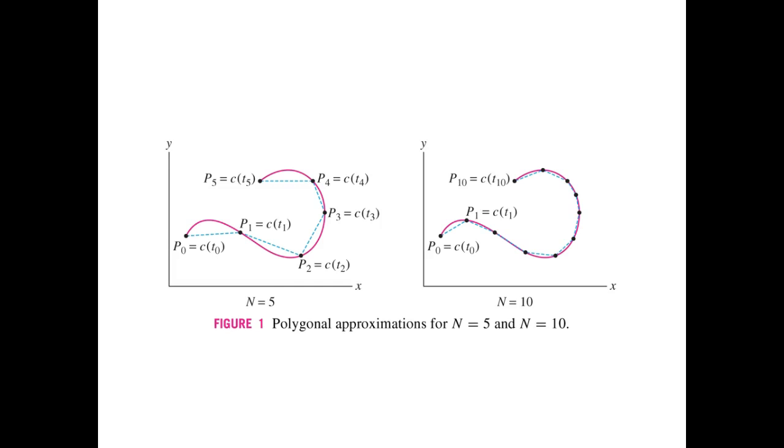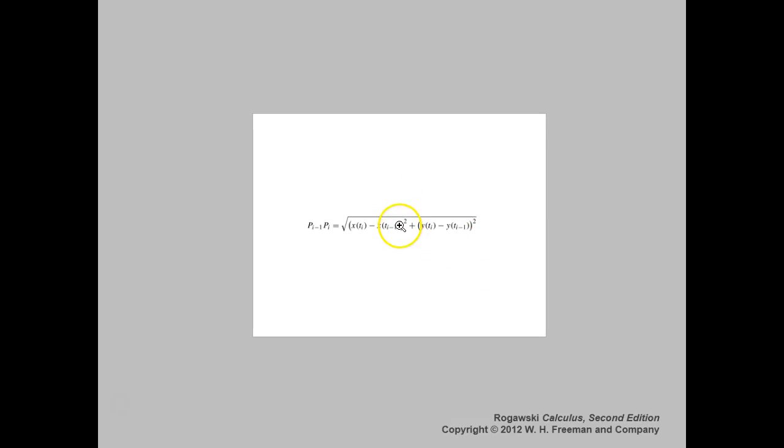And let's see what that integral would be. The distance between t sub i minus 1 and t sub i is the square root of the difference in the x values squared plus the difference in the y values squared. Remember, expand this so you can see it a little bit better. Also, people at home probably can too.